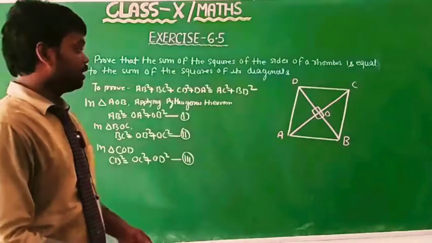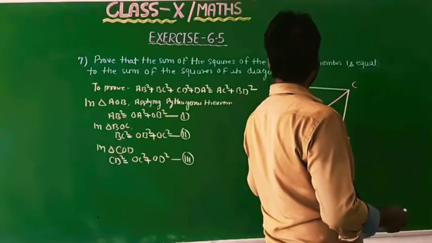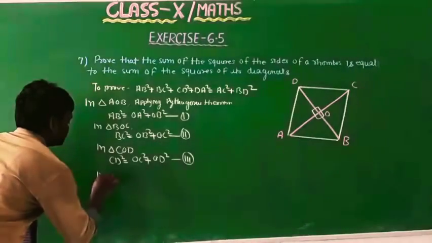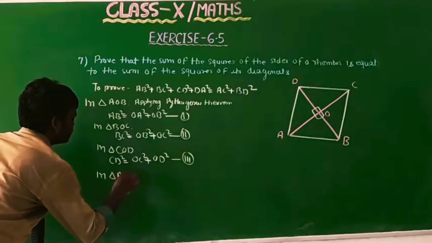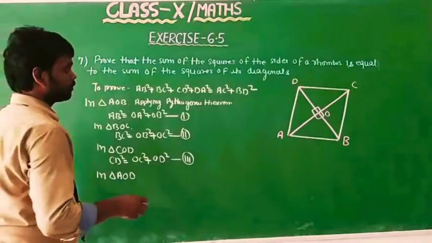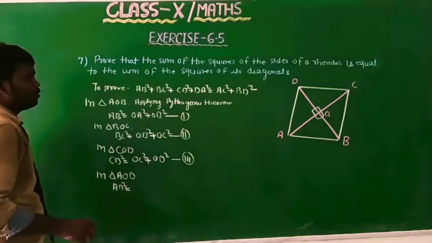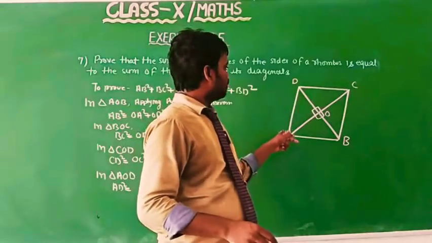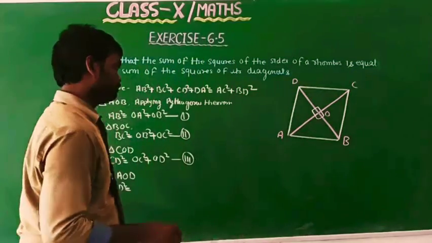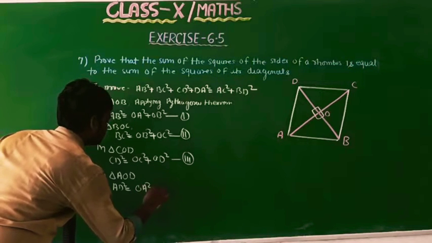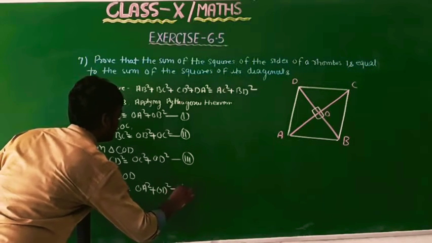And in the last triangle AOD, AD square equal to OA square plus OD square, equation 4.